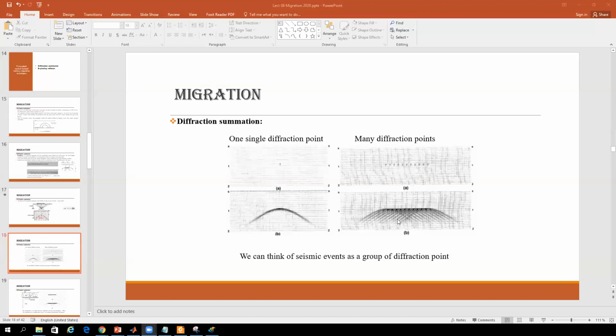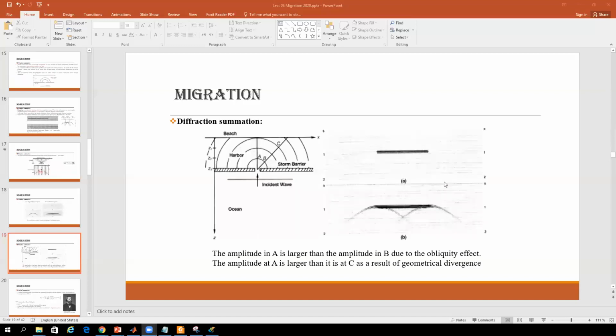So with the help of the migration, we aim to collapse these diffraction curves and hyperbolas and bring them back to a point.